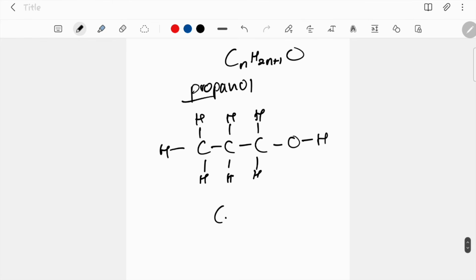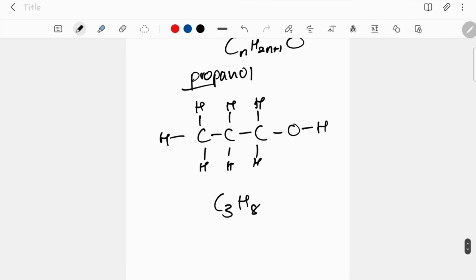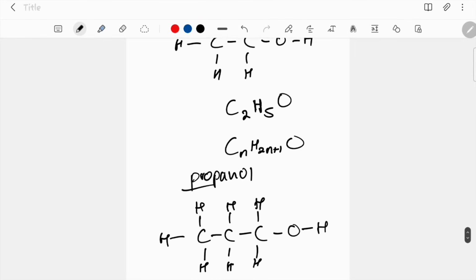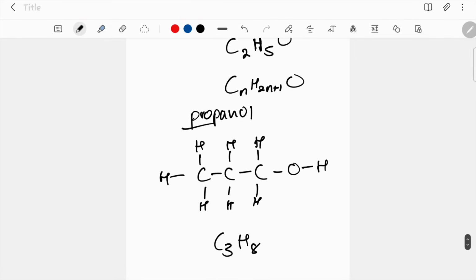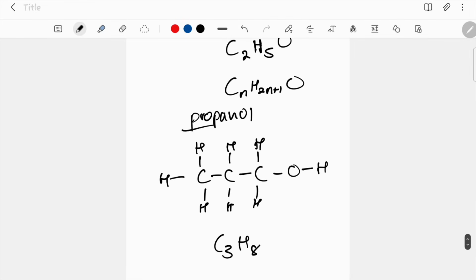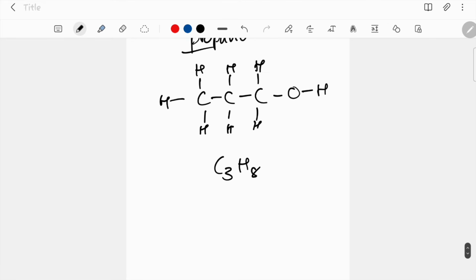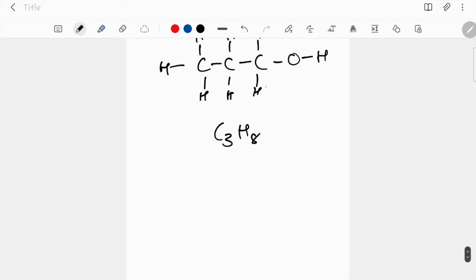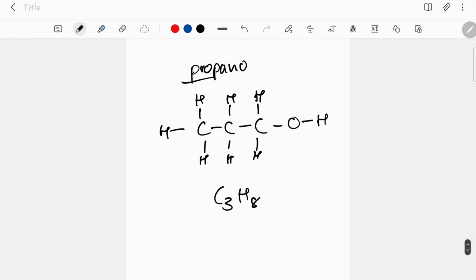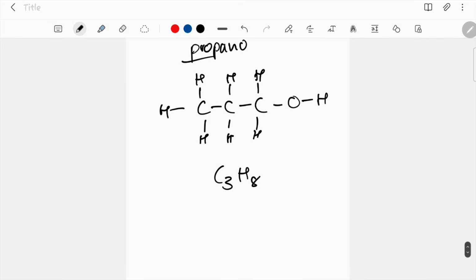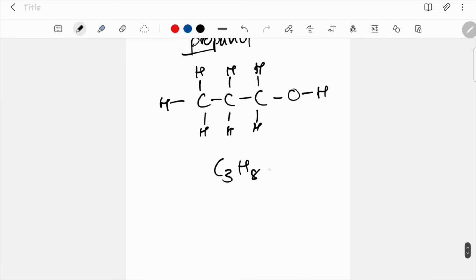So here the formula will be C3H8O. So you can see, I think the formula is varying from time to time. Yeah, so there's no formula, I guess. Yeah, so it's changing. Right, so this is propanol.